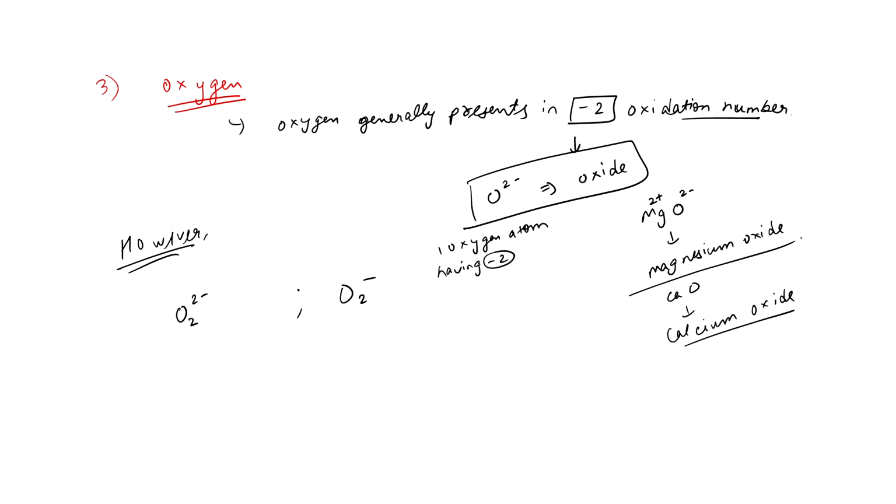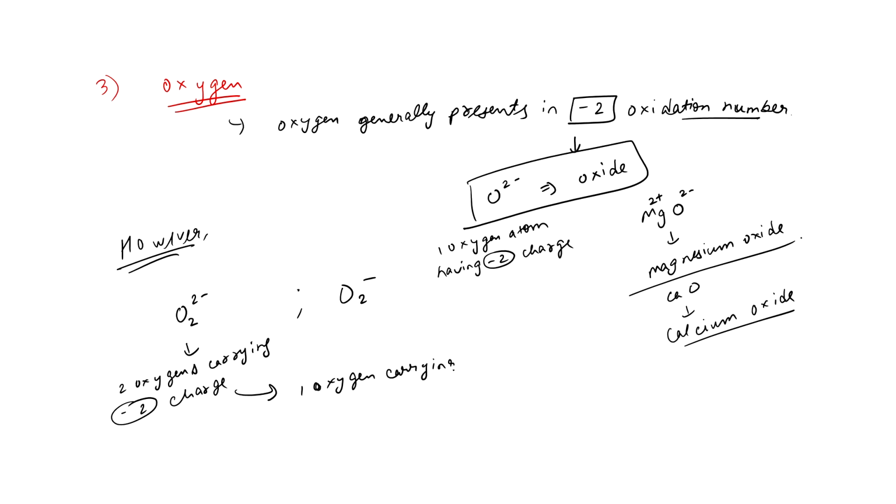Now, what is O2 2-? Two oxygens are carrying a -2 charge combined. That means one oxygen carries a -1 charge.